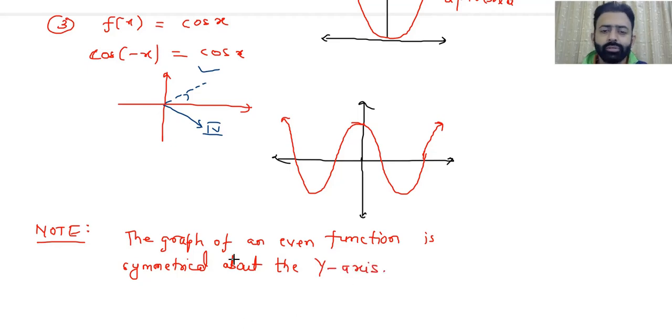Symmetrical about the y-axis means that the y-axis always acts as a mirror. Okay, so that's all as far as the even function is concerned, and similarly we can define the odd function.